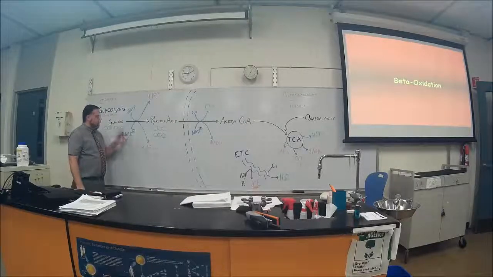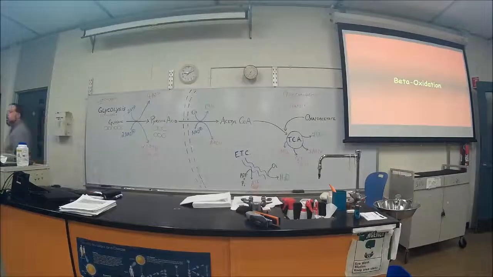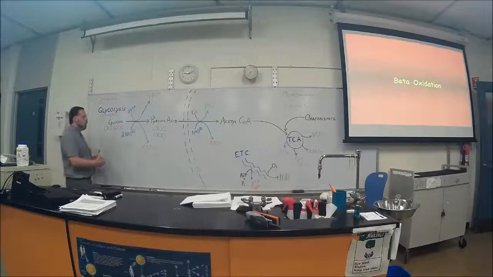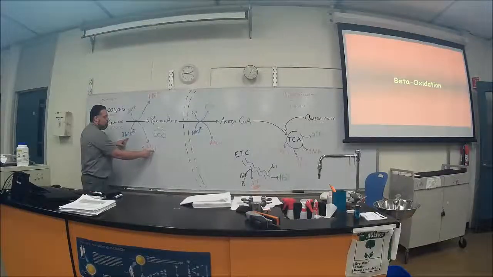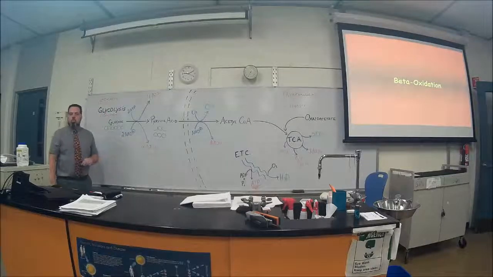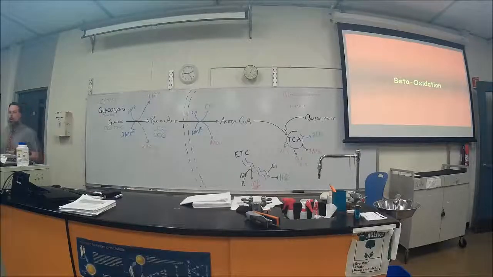You also make something called NAD+. NAD+ is an electron carrier molecule, or it can accept electrons. It will accept one electron here to become an NADH. The H is the electron, the electron there.